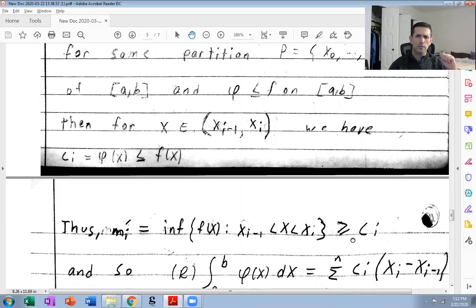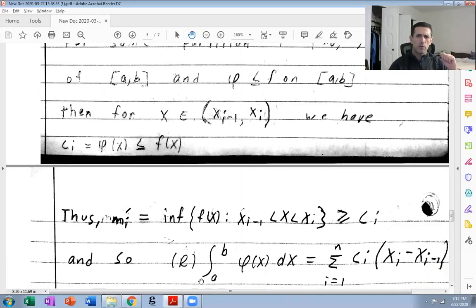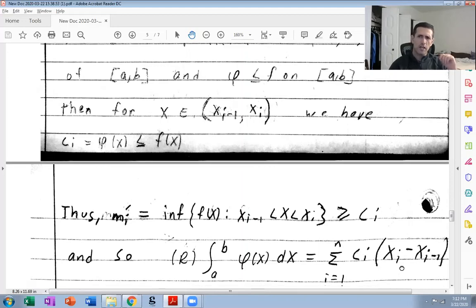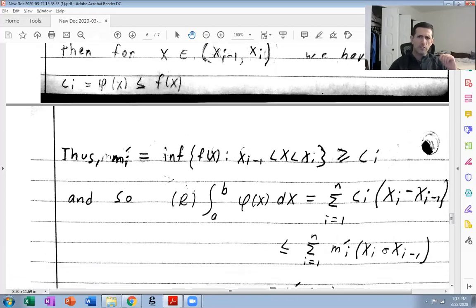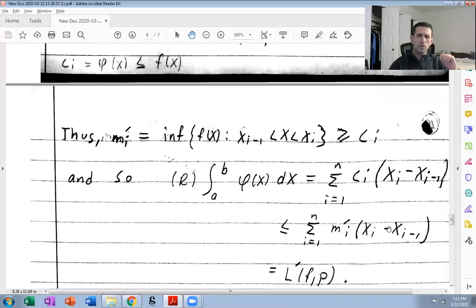And what does that mean? Well, the Riemann integral of phi of x, again, is just the sum of ci times xi minus xi minus 1. Ci is less than or equal to mi prime. And this is the modified lower Riemann sum corresponding to this partition.